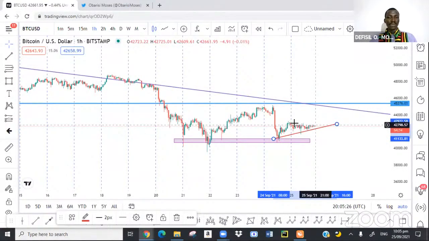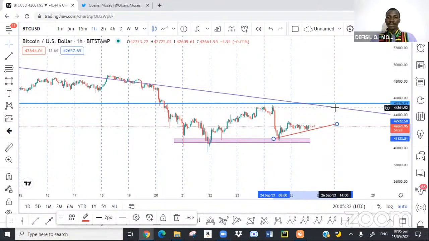I will just watch it and see what happens when it gets to this area, before I take either a buy or a continuation of the sell, which is the downtrend, to move downwards.